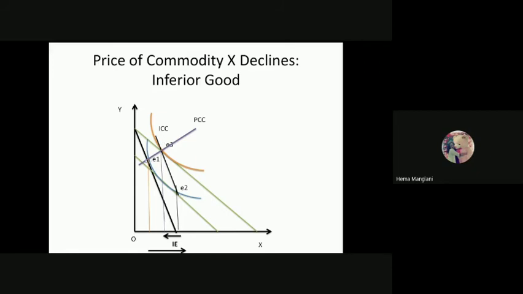Before the change in price, at the black line, you were consuming this much of X. If you compare E1 to E3, after the change in prices, you are actually consuming more of X. So as the price of commodity X declines, you consume more of X. This relationship is followed in the same way.